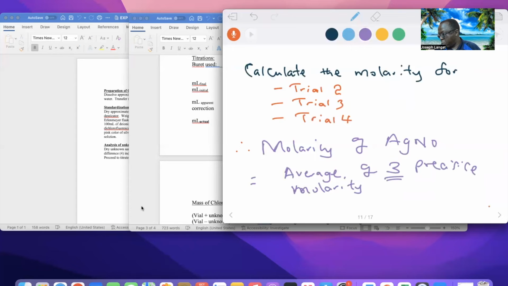You discard one, which you treat as an outlier. So I'll use only the 3 which are precise to find the molarity of prepared silver nitrate, which you will now use as your standard in titration of a known sample.